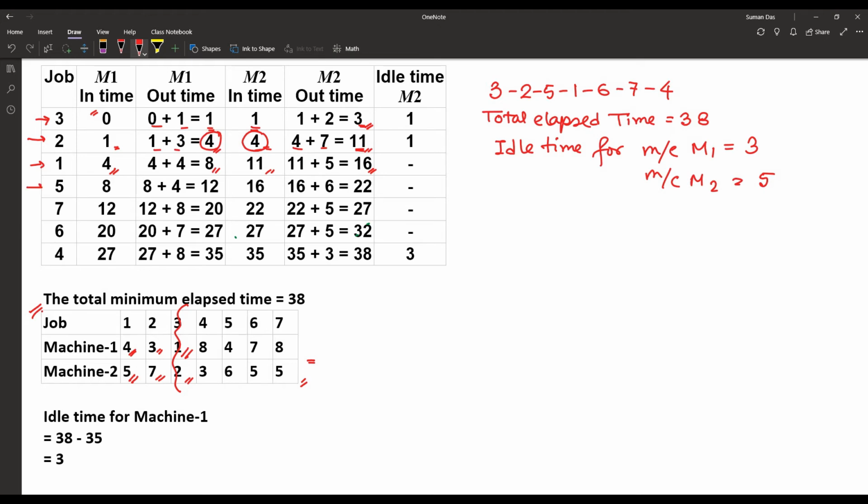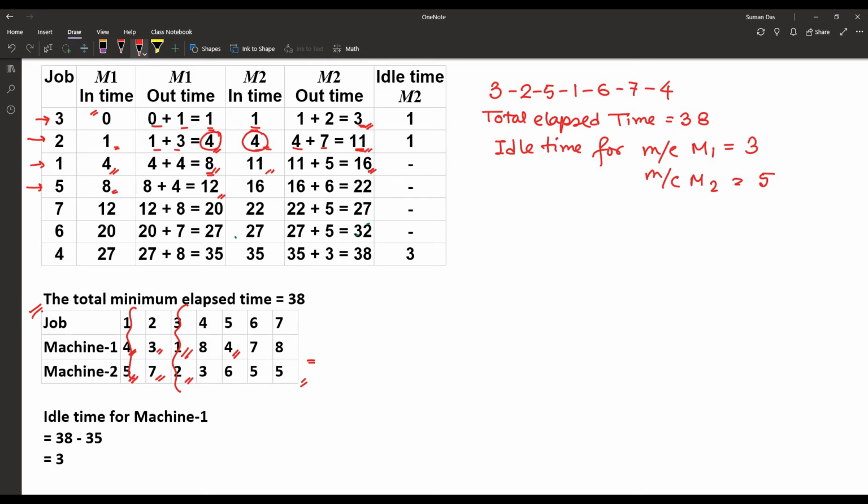Next job 5 in the sequence. Machine M1 out time 8, so in time is 8 for job 5, and its processing time is 4, so its out time is now 12.